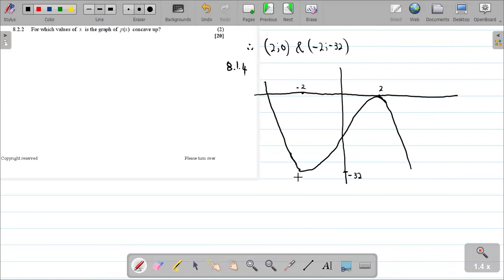So here is -2 and -32. Then here you have 2 and 0.